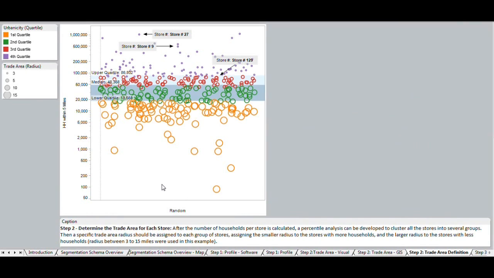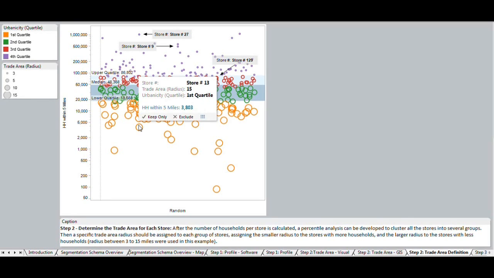So as a next step in the trade area definition, we look at the population within 5 miles for each of the stores, and we do a quartile analysis. So the stores that are in the upper quartile, where there's a lot of people around them, we're going to use only a smaller radius as a trade area, a 3-mile radius.